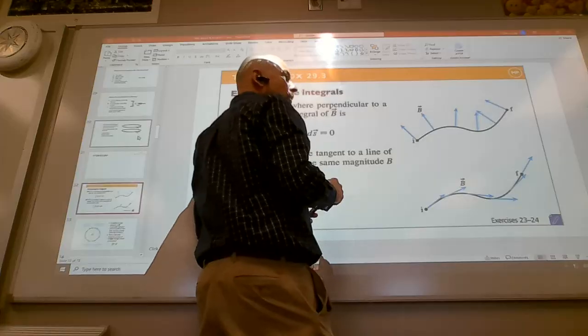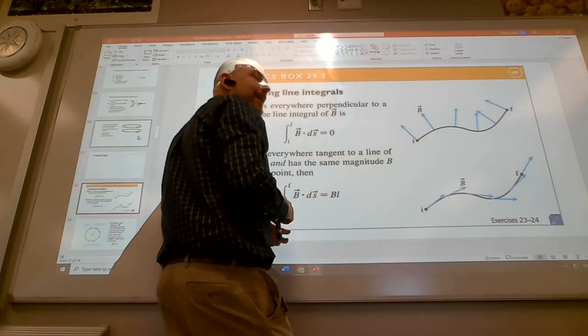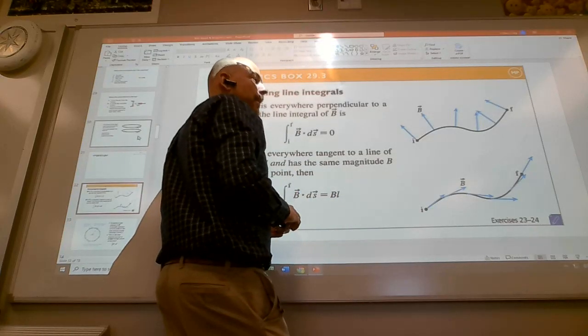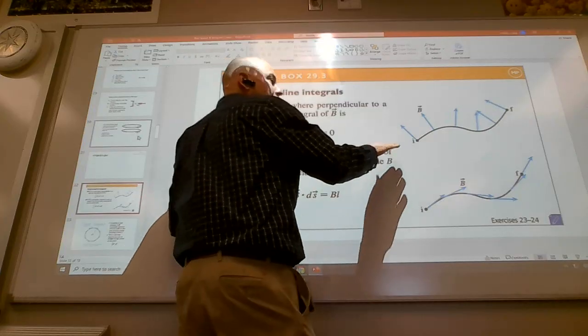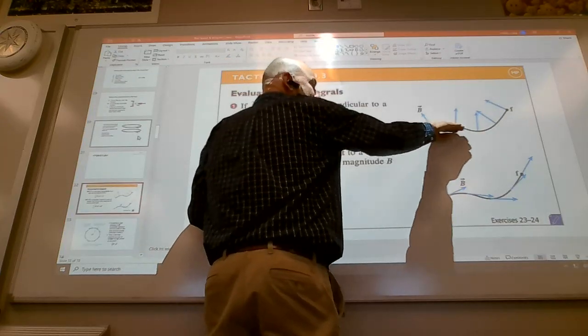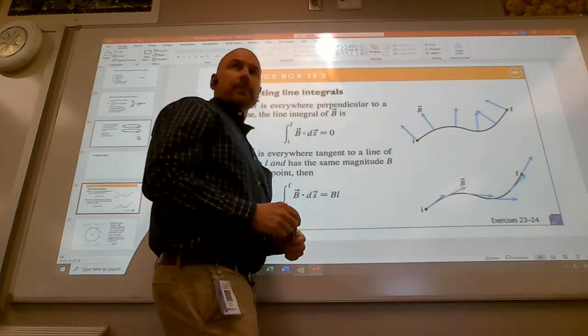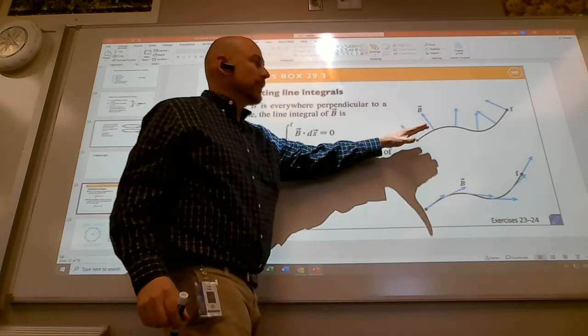We're looking for the component of the magnetic field that is parallel to the path that we're integrating. So this would be 0.